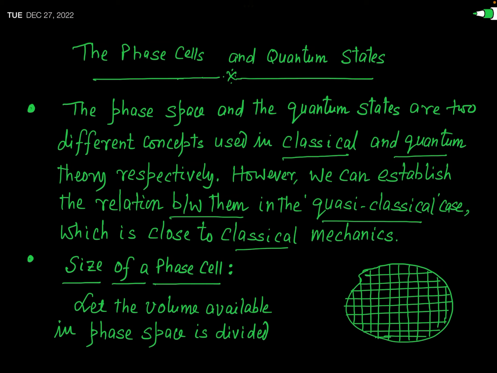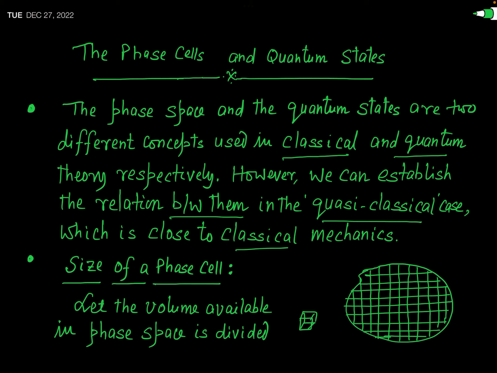In this figure, all these small squares are actually not squares, but three-dimensional volume elements. Since the figure has been drawn on a two-dimensional plane, they appear like squares, but all are actually elementary three-dimensional volumes. So all these squares, which appear like squares, represent a phase cell.